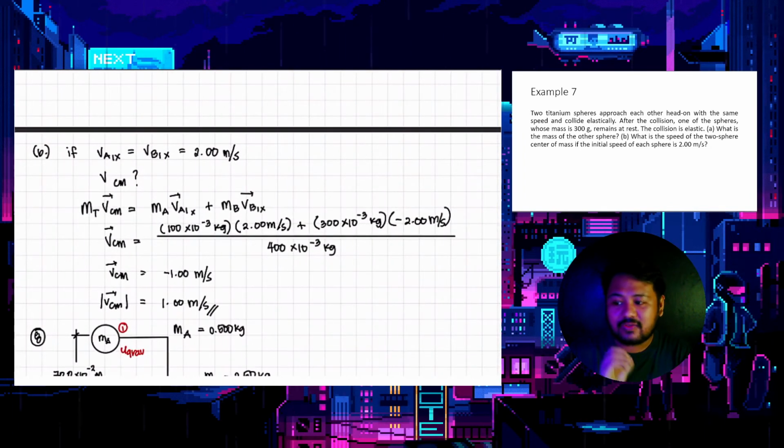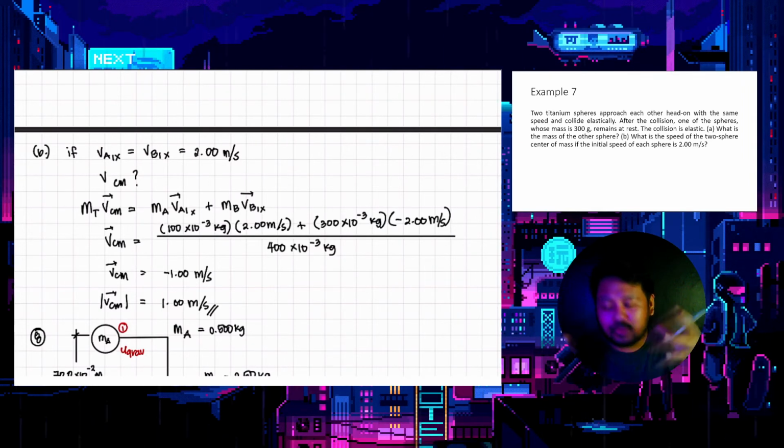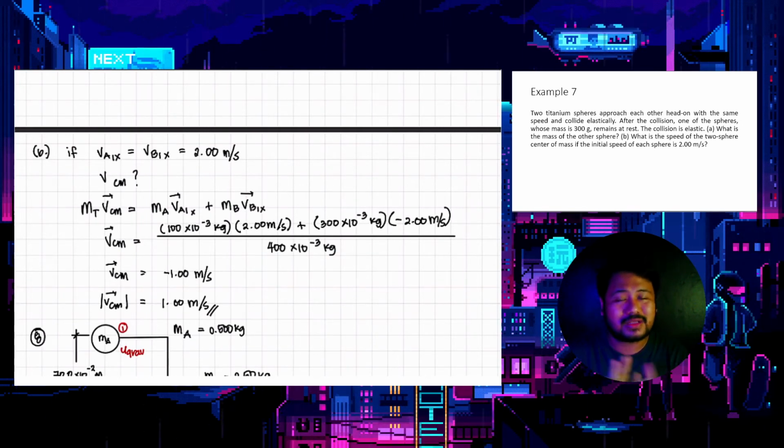Let's have letter B. What is the speed of the two-sphere center of mass, the center of mass of our two moving objects, if the initial speed of each sphere is 2 meters per second? So we now have different ways of getting the center of mass. For this case, we will be using the momentum.